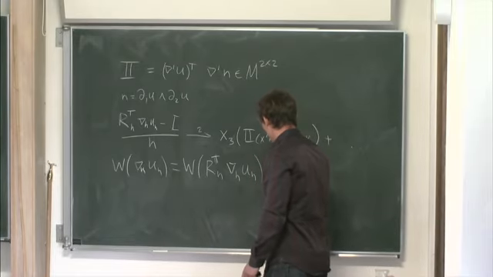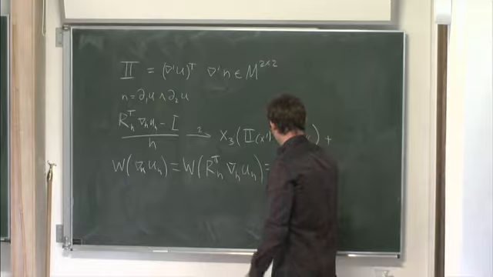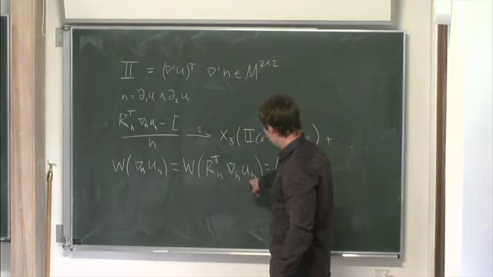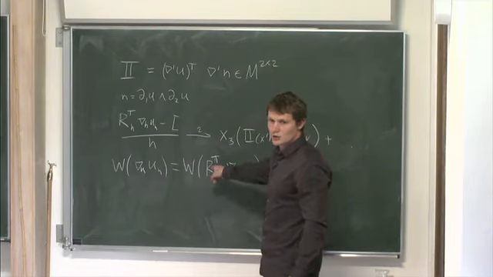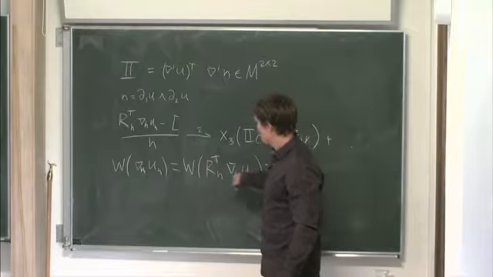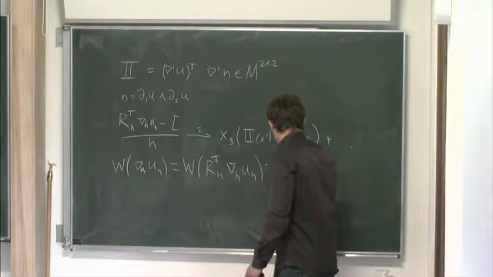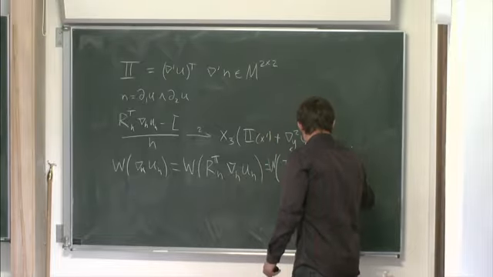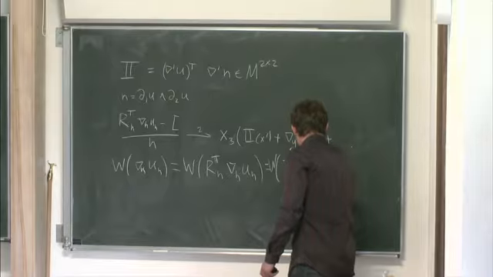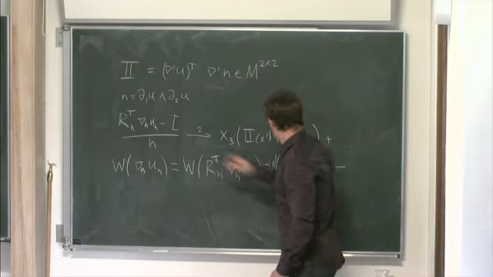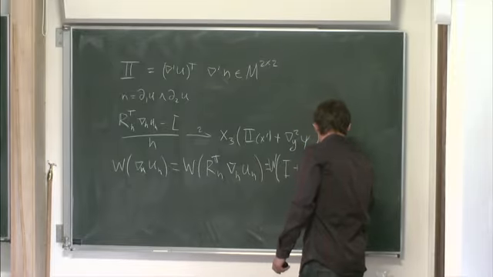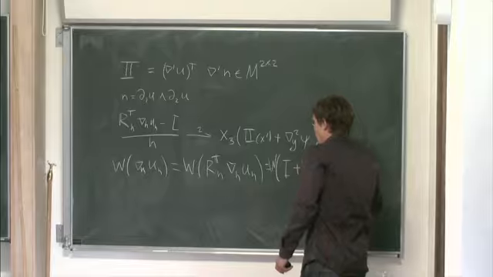And then we can write this term in the form, because we know that grad_h u is close to R_h, the whole thing is close to the identity matrix. So we end up with the identity matrix plus h times this term, R_h transposed grad_h u_h minus identity matrix over h.